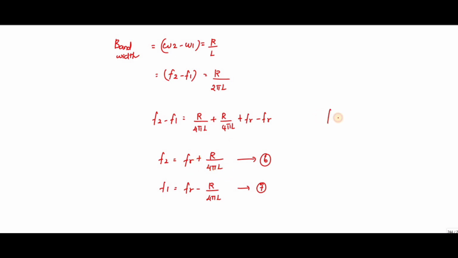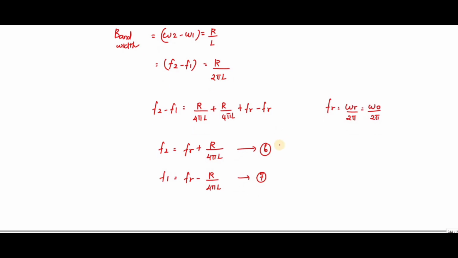See here, Fr is nothing but omega R divided by 2 pi. Otherwise, I can write it as omega naught divided by 2 pi. They both are same. So I can write F2 as Fr plus bandwidth divided by 2, and F1 as Fr minus bandwidth divided by 2.